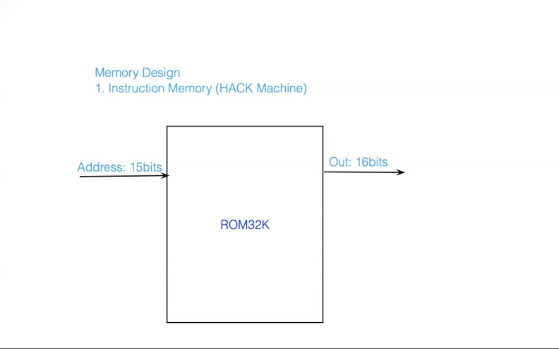So 32K is the maximum, and the address space will be 15 bits. Considering the A instruction, I need 15 bits, and I only have 15 bits for different addresses. So 32K for RAM is perfect: the maximum number of bits needed to fetch each instruction is 2 to the power 15, so my address size will be 15. So far, so good?